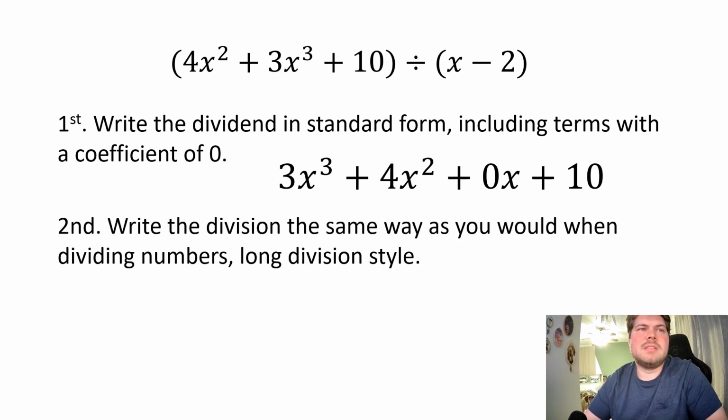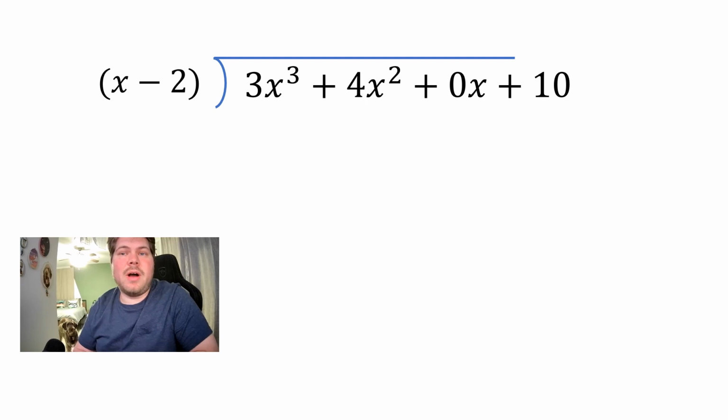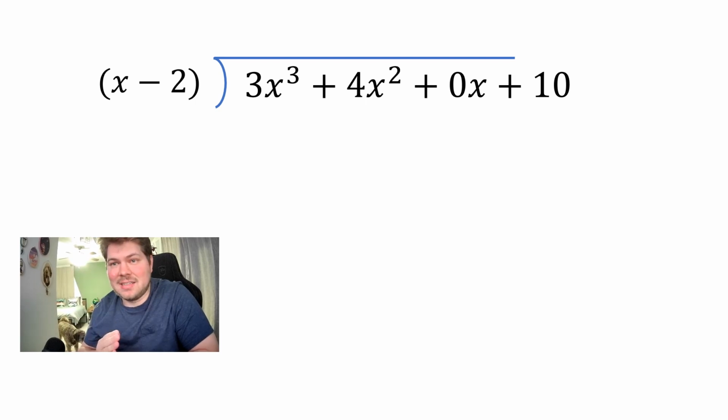All right, so it's going to look like this. Again, very similar to what we did yesterday. It's now a binomial instead of just a monomial. So let's see what this looks like. I have to consider how many times x goes into 3x to the third.